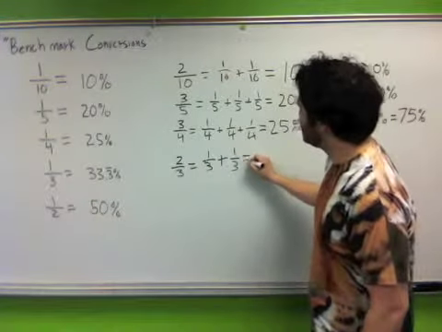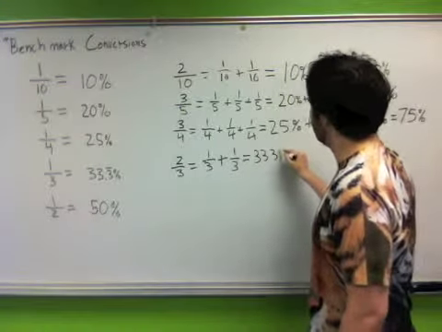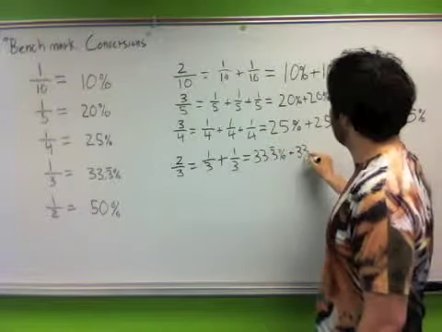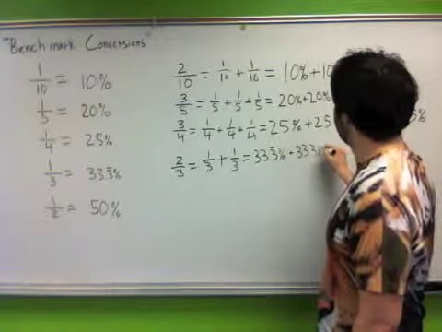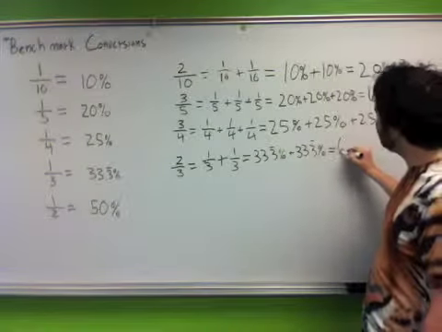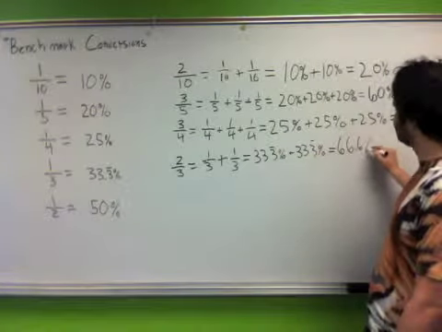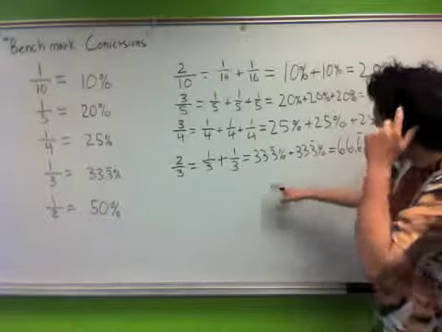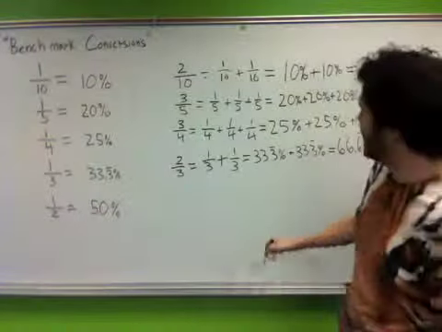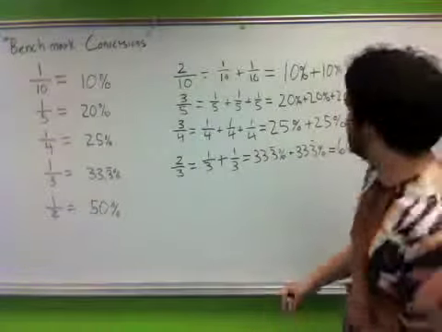That's going to be equal to 33.3% repeating plus 33.3% repeating. And I'm going to get 66.6% repeating. I just added these up. 33 plus 33 is 66, and 0.3 repeating plus 0.3 repeating is 0.6 repeating.